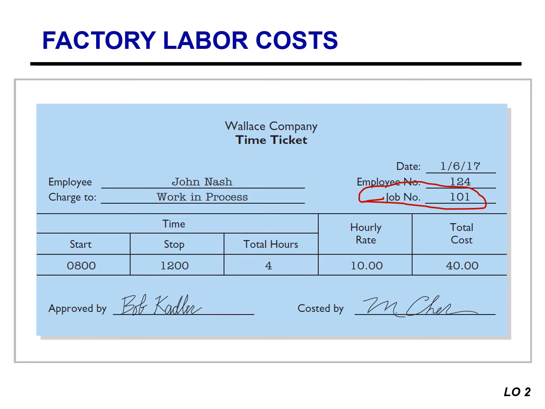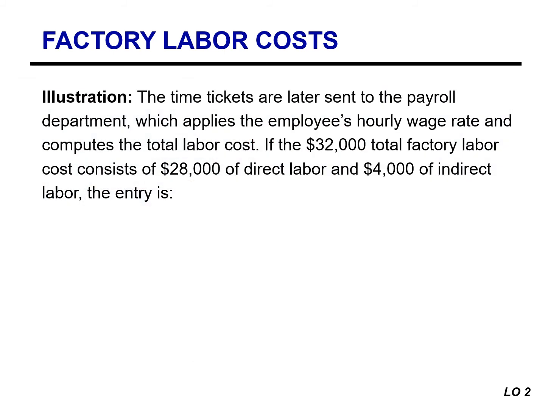The time tickets are later sent to the payroll department, which applies the employee's hourly wage rate and computes the total labor cost. When the company journalizes the time tickets, it debits the account work in process inventory for direct labor and debits manufacturing overhead for indirect labor.